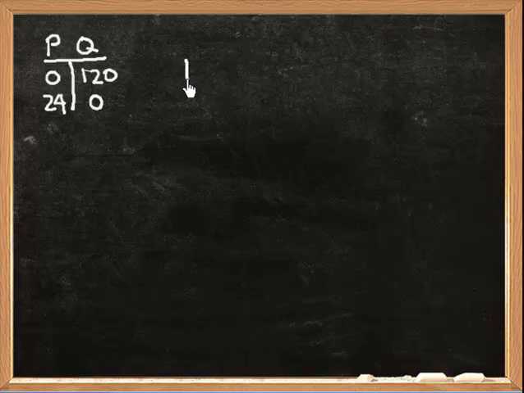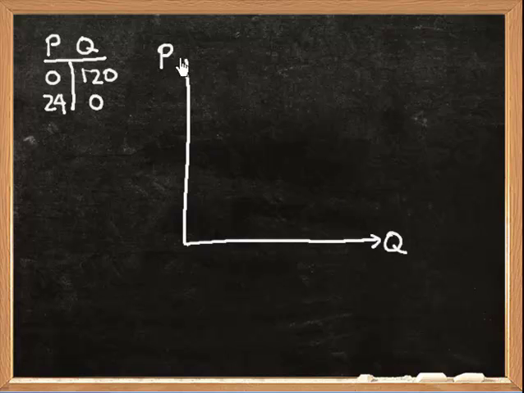Remember that we are using the vertical axis to represent the price and the horizontal axis to represent the quantity demand, or the quantity. So, when the price is 0, the quantity demand is 120, and when the price is 24, the quantity demand is 0.